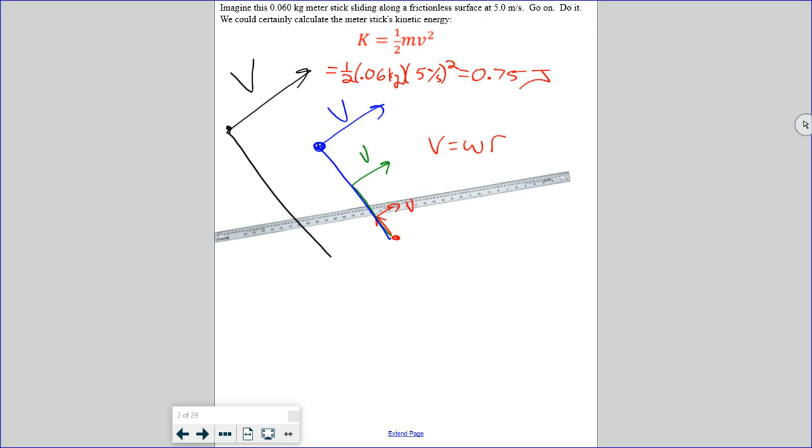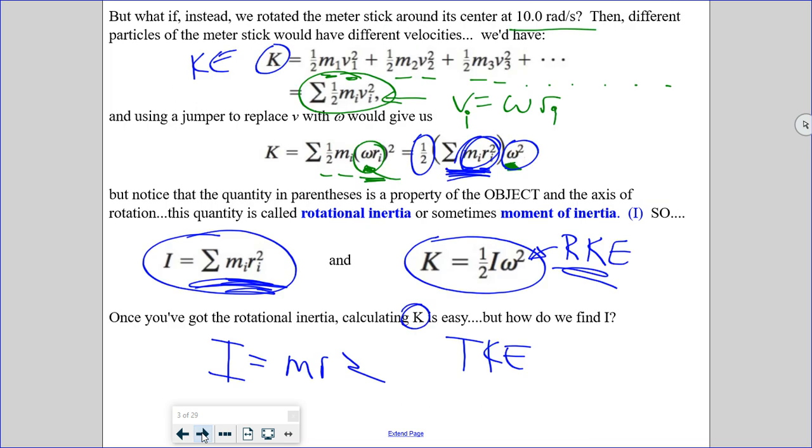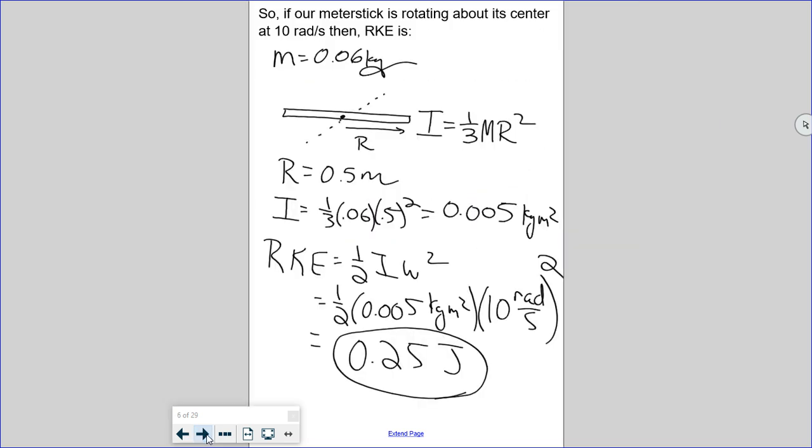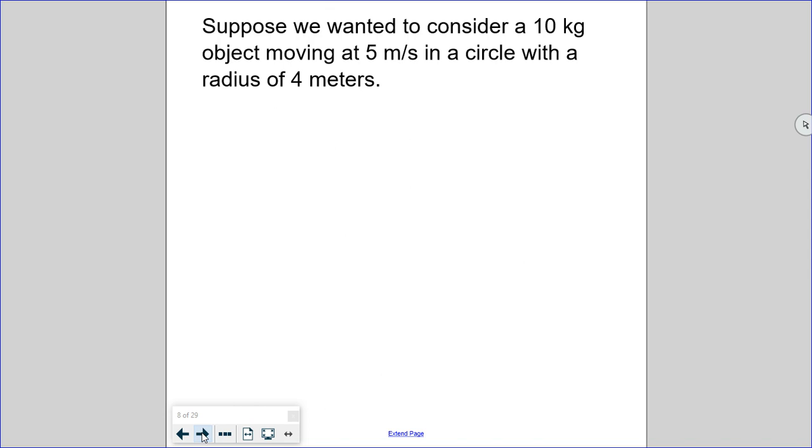But what happens if you've got a particle that's moving in a circle? So let's do this. What if I've got a 10 kilogram object, maybe a giant bowling ball, moving in a circle that has a radius of 4 meters at a velocity of 5 meters a second?